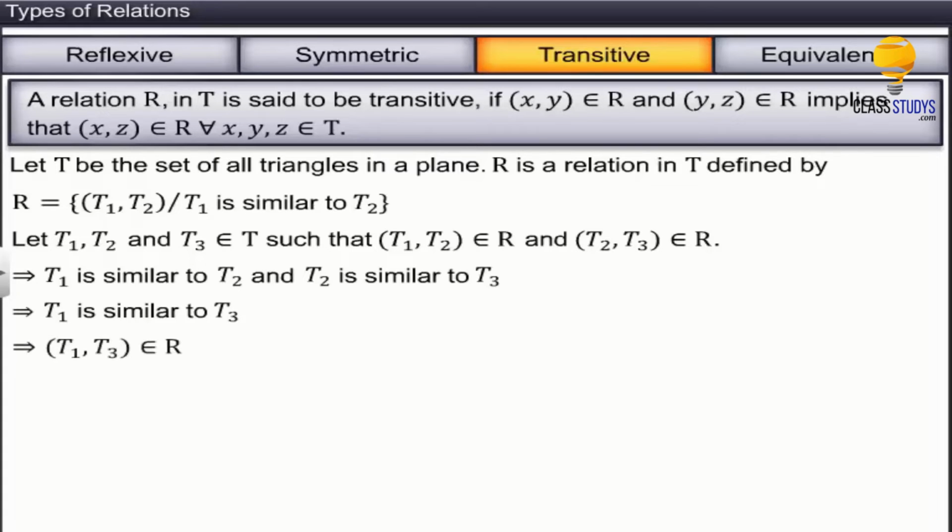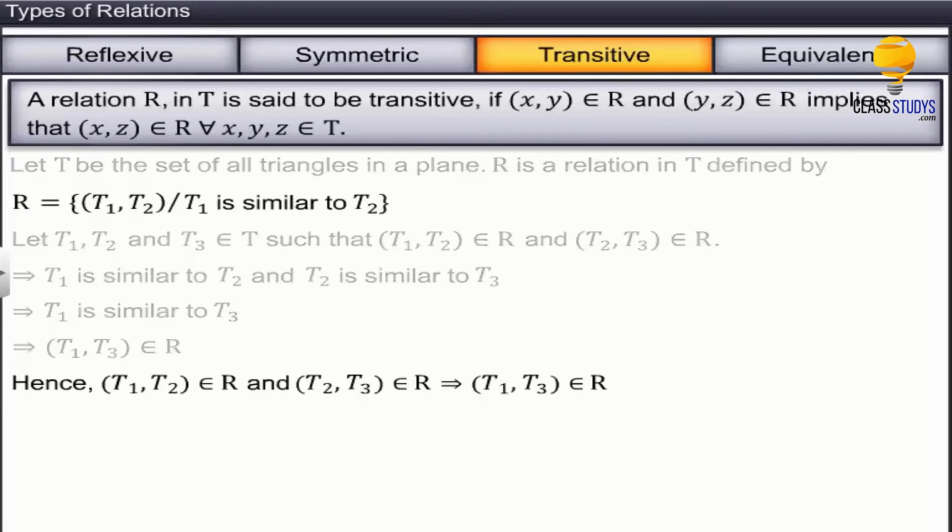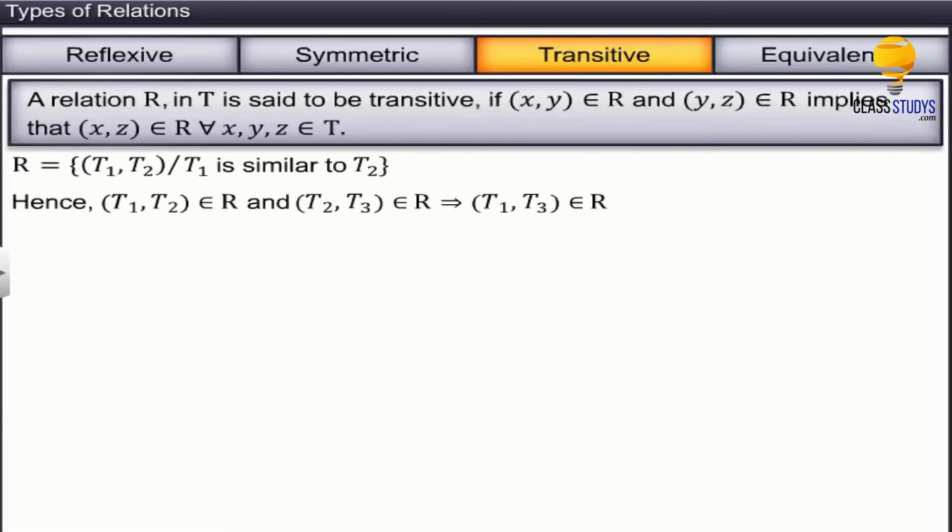This in turn implies that the ordered pair (T1, T3) belongs to set R. Hence, ordered pairs (T1, T2) and (T2, T3) belonging to set R implies that (T1, T3) is also in R. This shows that the relation R in T is transitive.